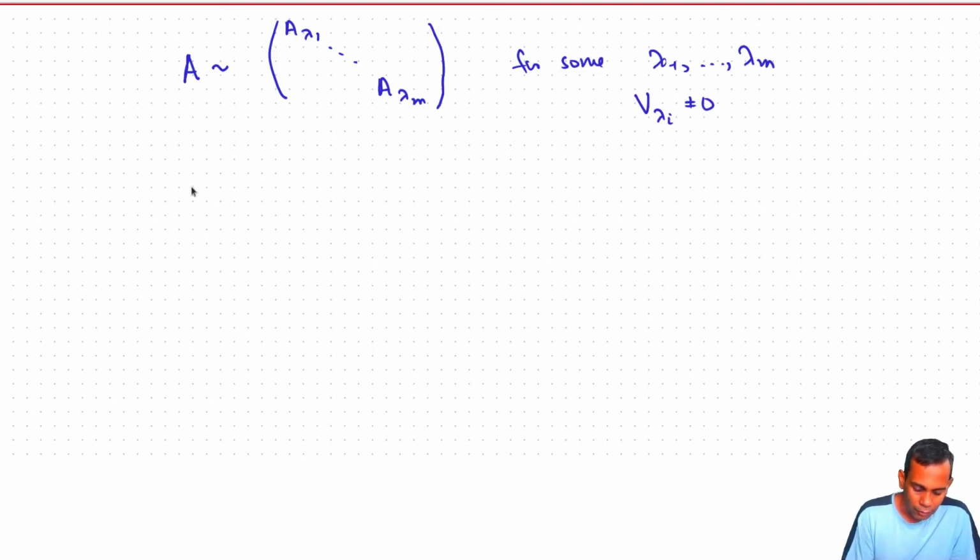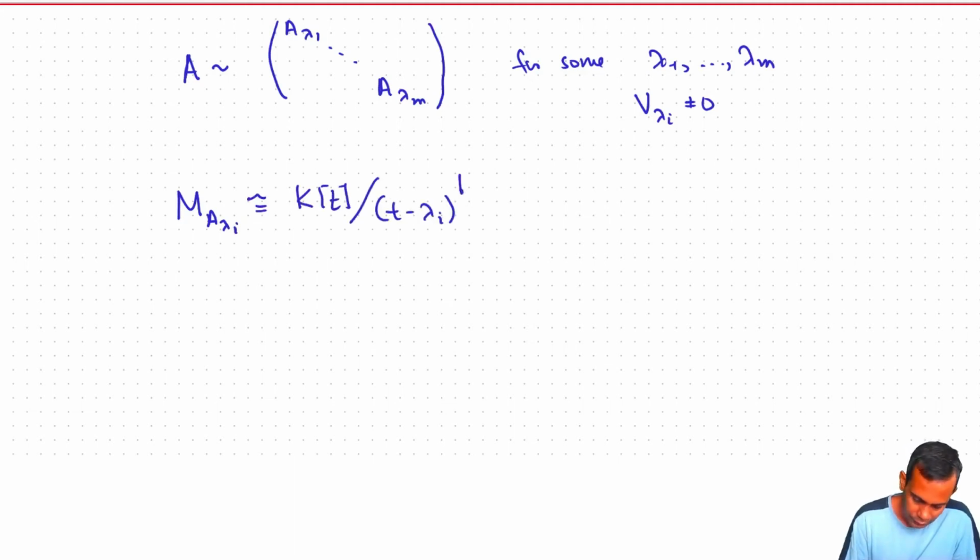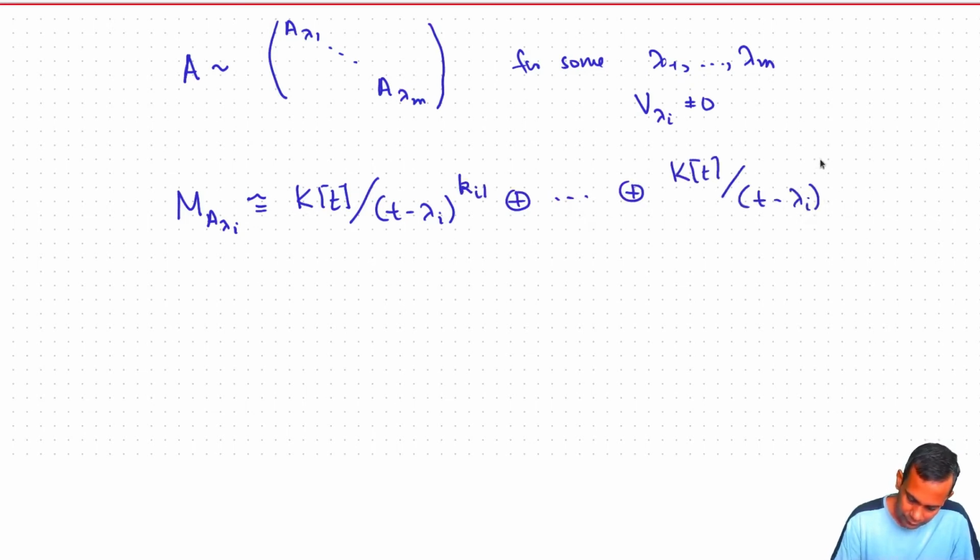And then M_A,lambda_i is isomorphic to K[T]/(T minus lambda_i)^k_i1 plus up to K[T]/(T minus lambda_i)^k_iri.